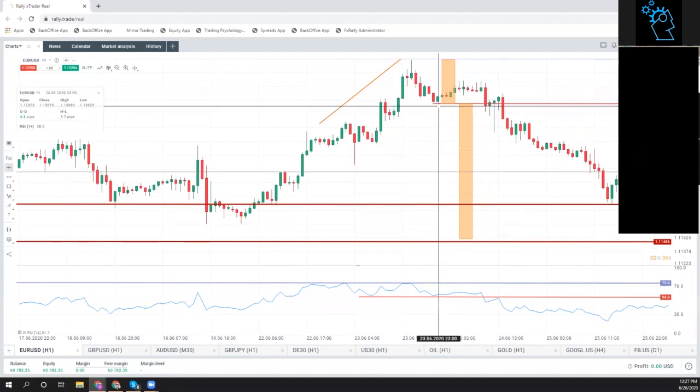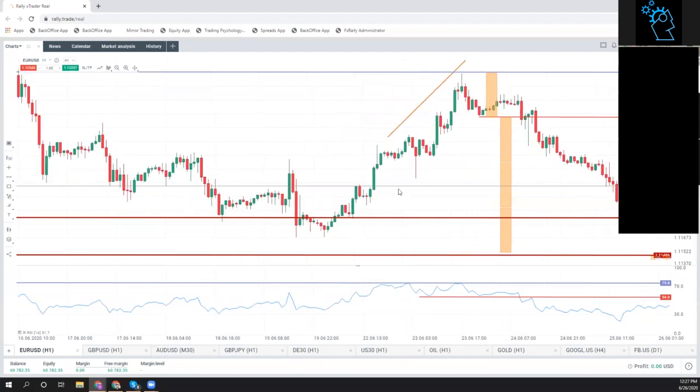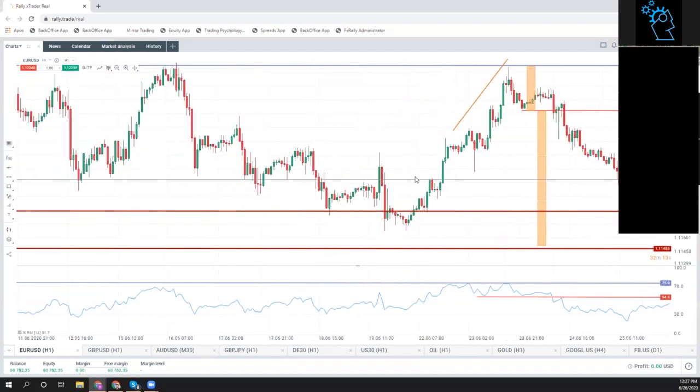Right here, with an entry at 113 and a stop above 113.49, actually not above that level but at that level, you can see that the price moved a bit up, but after that got all the way down. So the stop loss was not reached. In any case, it wasn't even close to it. Let's find another example for this scenario.